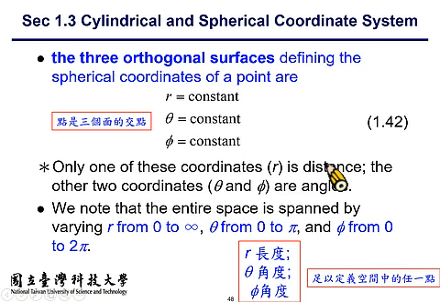What are the R, theta, and phi values at the North Pole?